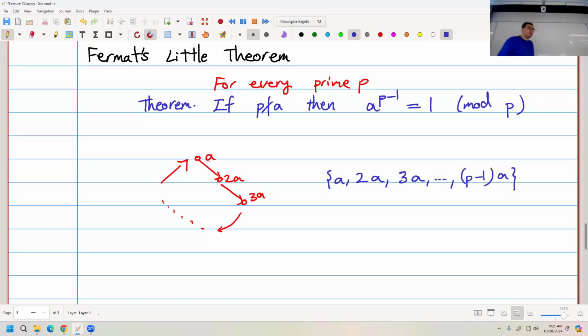So multiples of A create all the possible remainders modulo P. Okay. But what does that mean? I have P minus 1 possible remainders modulo P, and all of them are in this cycle. So the set A, 2A, 3A, and so on, is the same as the set 1, 2, 3 to P minus 1. Not in the same order, but in some order.